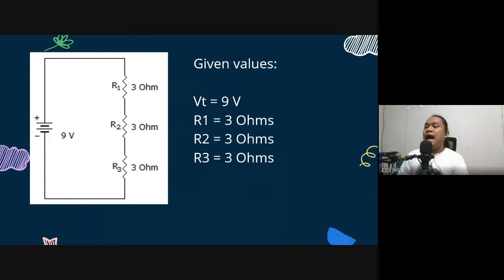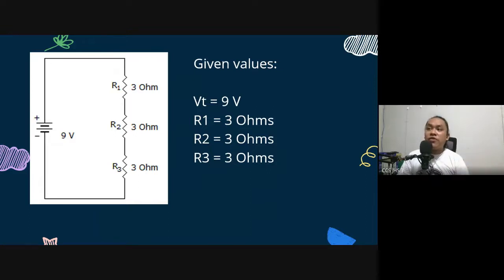Okay, next. After that, let us identify the required parameters that we need to solve for, or the missing parameters. Every time you have a load, automatically you have voltage, resistance, and current.